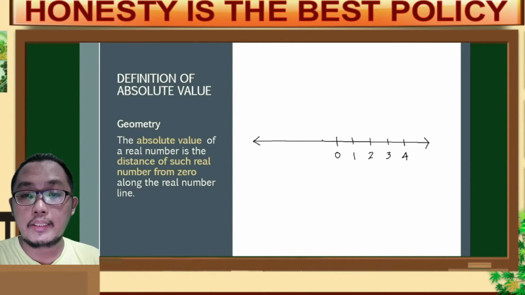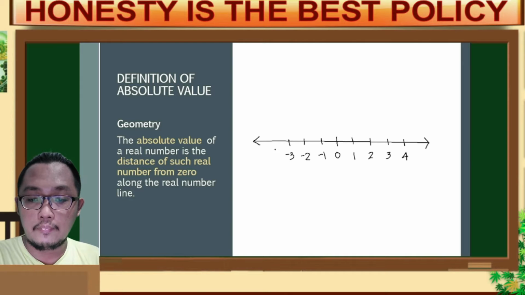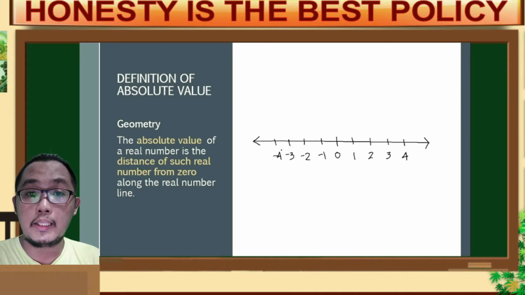While on the left side of the zero, we have those negative real numbers, starting with -1, -2, -3, -4, and so on. Again, this arrowhead suggests that the list of the negative real numbers extends infinitely to this side of the number line.